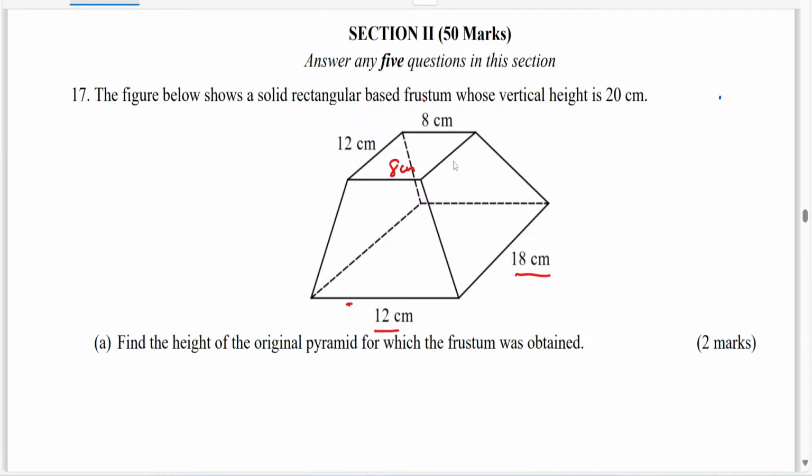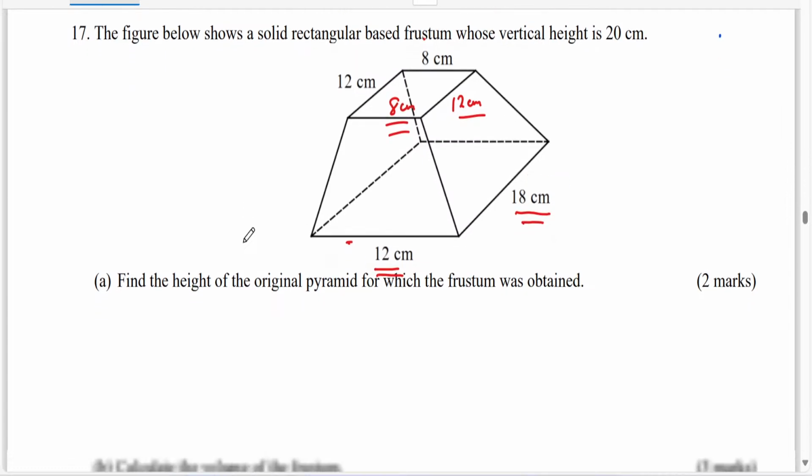The length is usually longer than the width, so 18 is your length and 12 your width. Looking at this question, there is similarity, so you're also using linear scale factor.